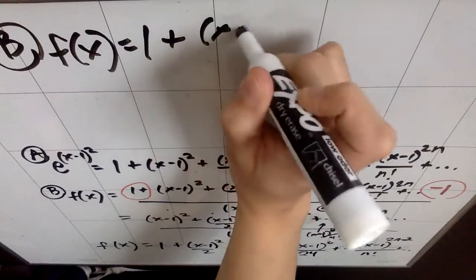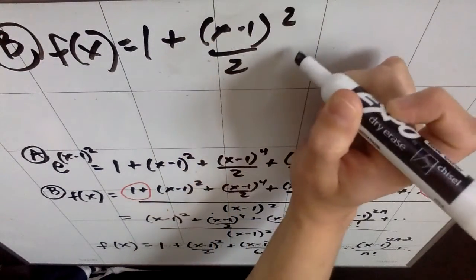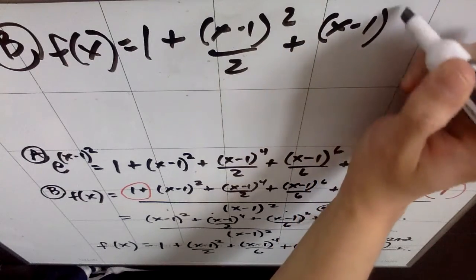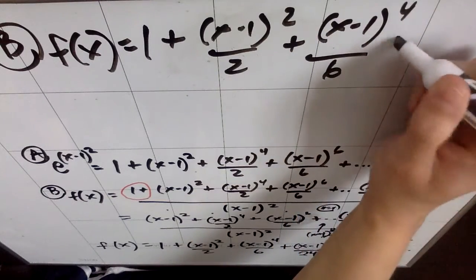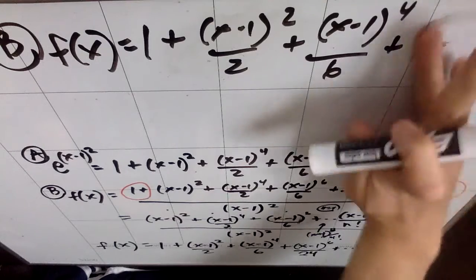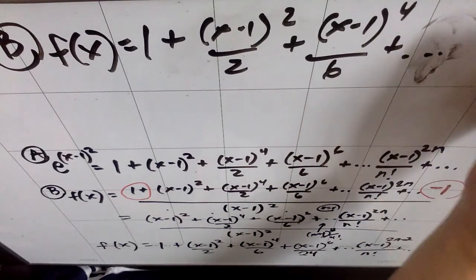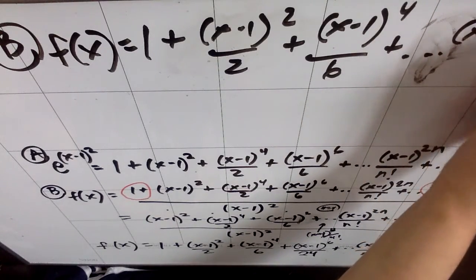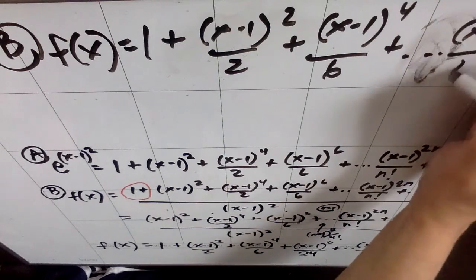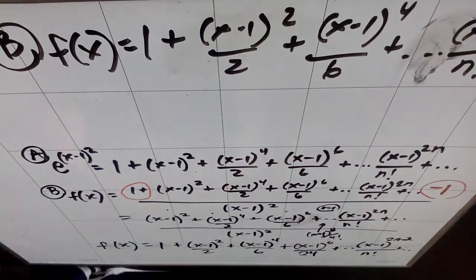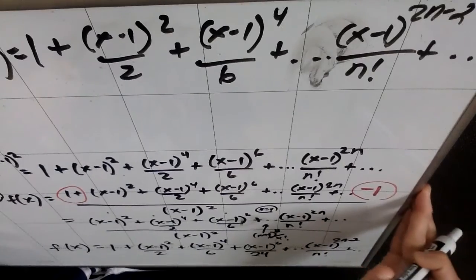I'm slow. Hang on. It was a 1 plus an x minus 1 squared over 2 plus an x minus 1 to the 4th over 6 plus, I don't actually need all four of them, I just need the nth term. Okay, so the nth term is really all you need, x minus 1 to the 2n minus 2 over an n factorial.